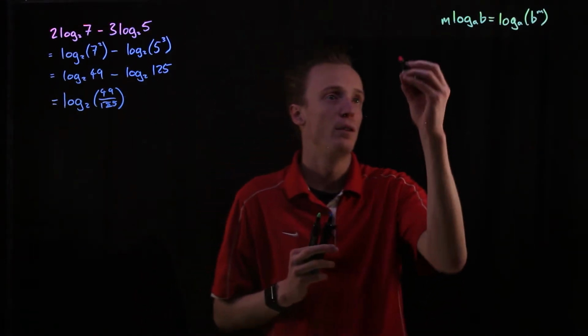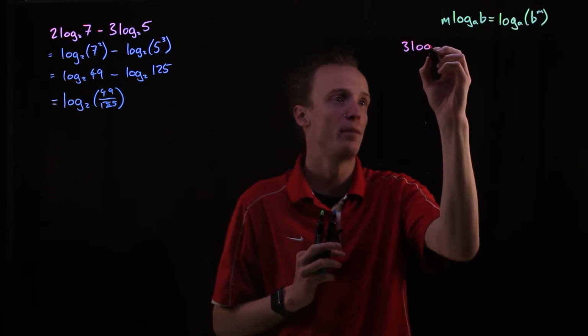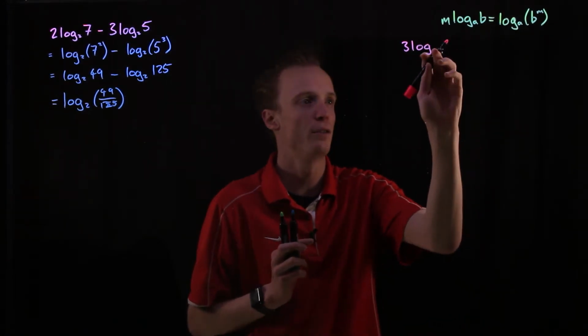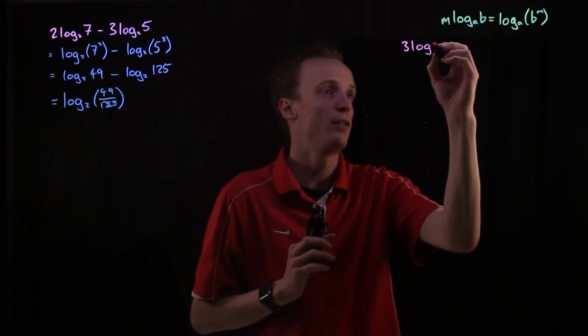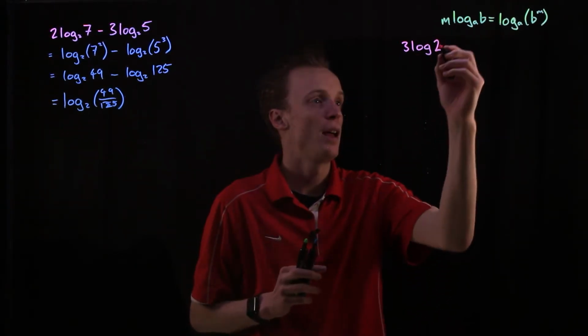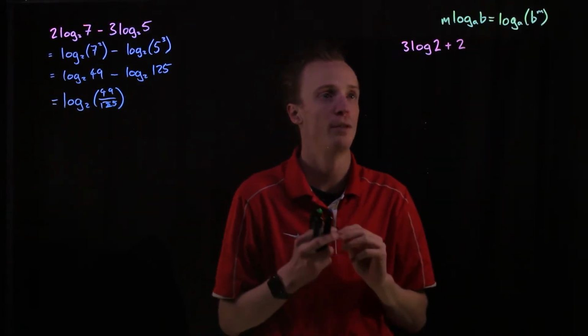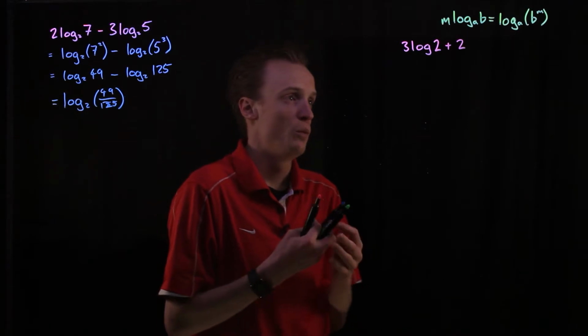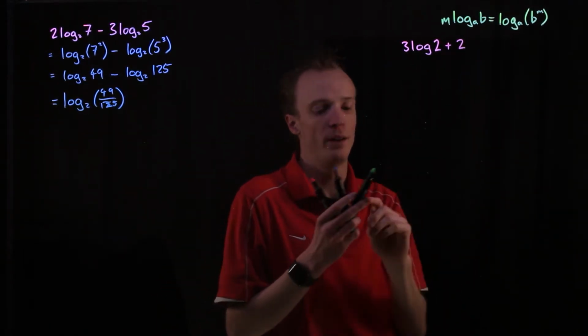Let's say I've got 3 multiplied by log base 10, remembering when I've got log base 10, I don't have to write the little 10. We'll say log of 2, and I add 2 to it. So let's simplify this one. Well, the very first thing I need to do is rewrite this with a log base 10.